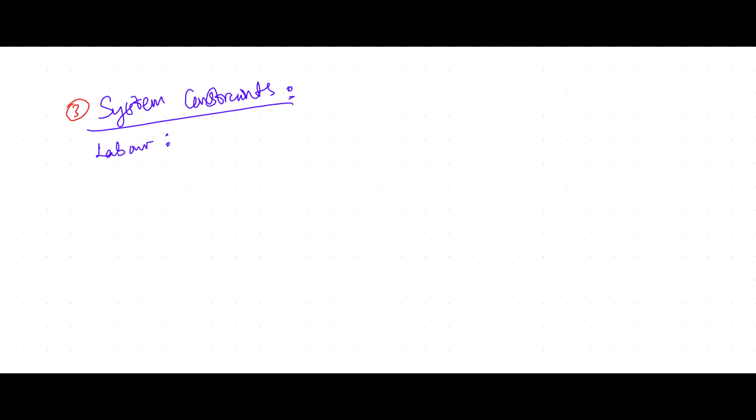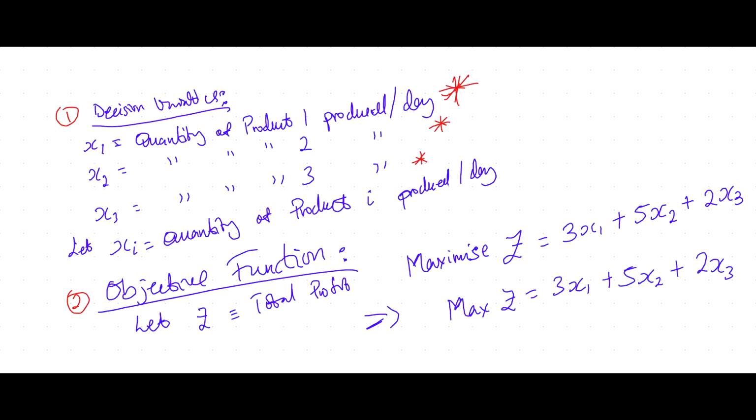And remember, all the formulation has been done per day, right? So we have the quantity of product one produced per day, quantity of product two produced per day, quantity of product three produced per day. And the objective function is also the total profit per day, right?